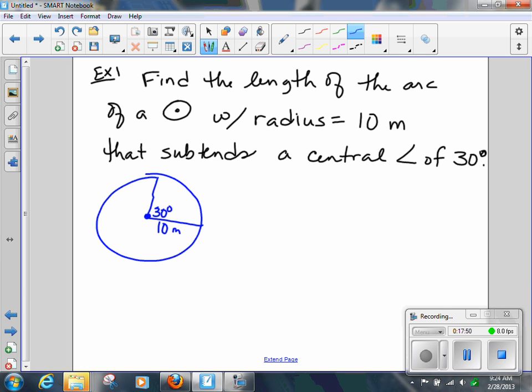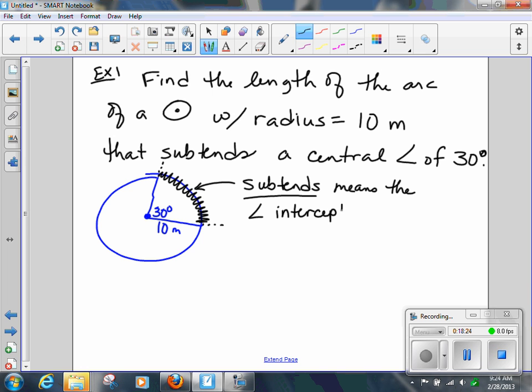Now, what does that word subtends mean? Subtends means that angle intercepts what arc? The arc that has been intercepted, which we talked about in geometry, it's right here. Subtends means the angle intercepts that arc.